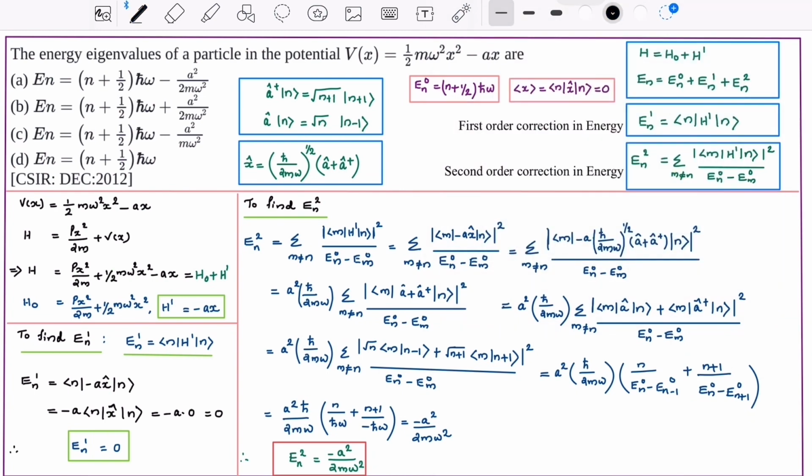We can represent it as En equal to (n plus half) h bar omega plus 0 minus a square by 2m omega square, that is equal to (n plus half) h bar omega minus a square divided by 2m omega square. Therefore, from the given options, option A is the right option.